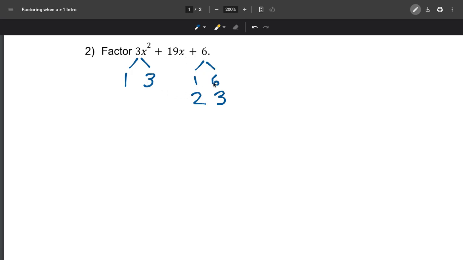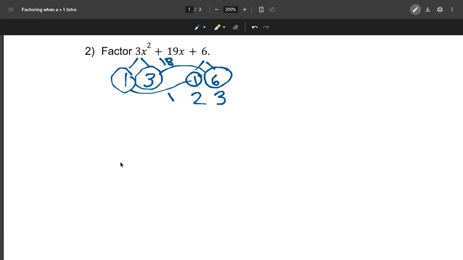So if I do 3 times 6, that's going to give me 18, which is really close. And if I do 1 times 1, that's going to give me my additional 1. 18 plus 1 is 19.